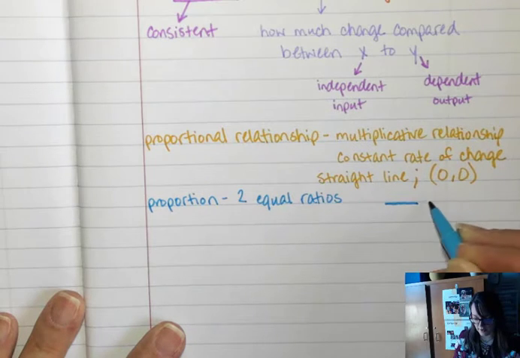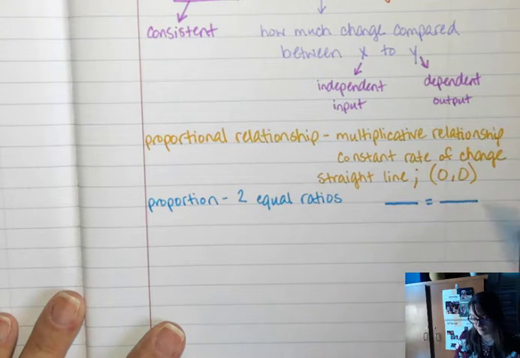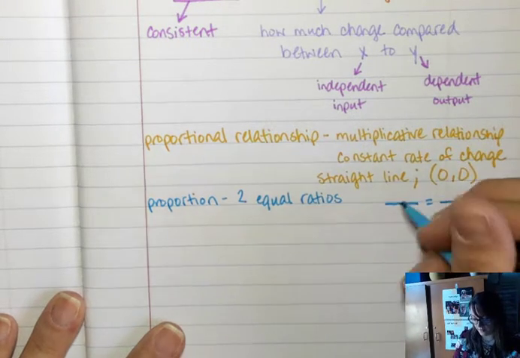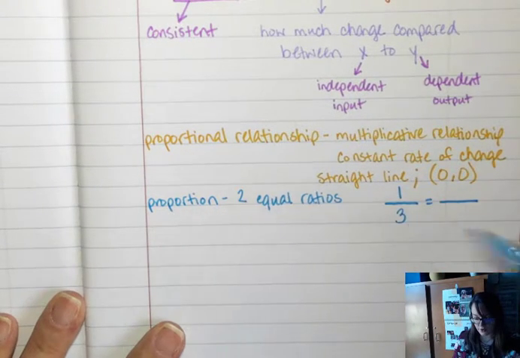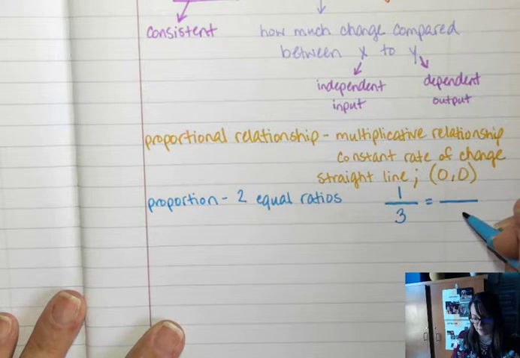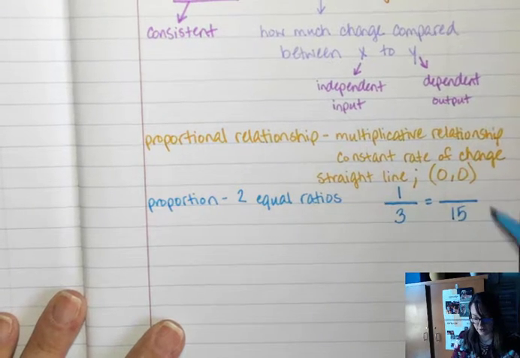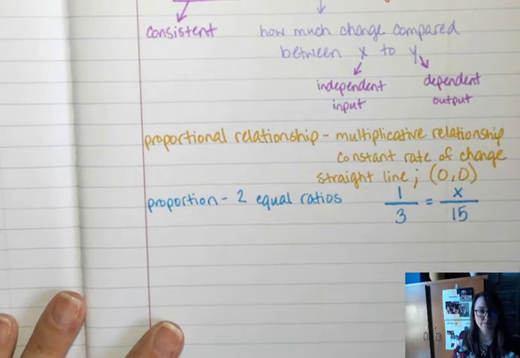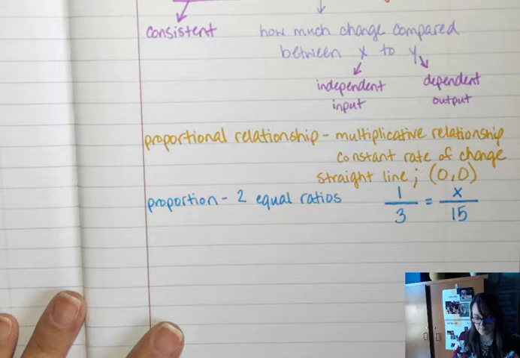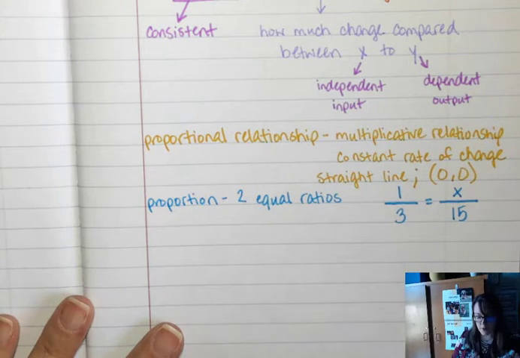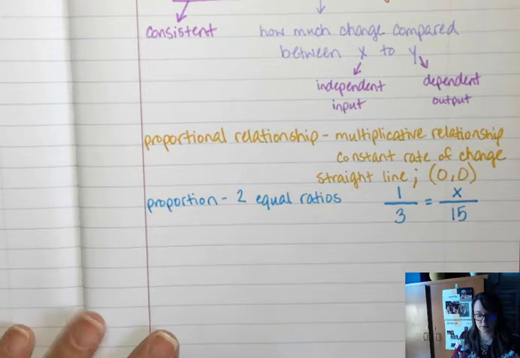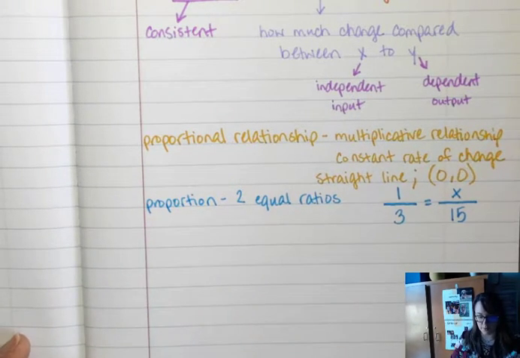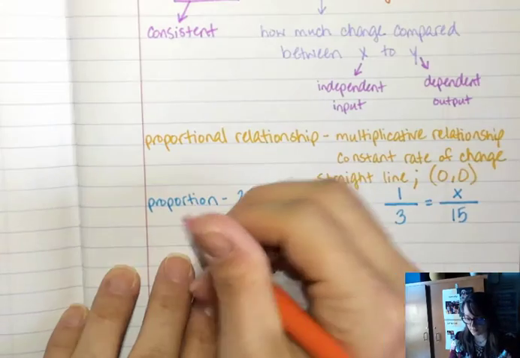So if I'm comparing, I don't know, if I buy 1 gallon of milk for $3, how many gallons of milk could I buy for $15? 5. Yeah. Remember with proportions, it's cross multiply, divide. Those are the steps for solving a proportion.